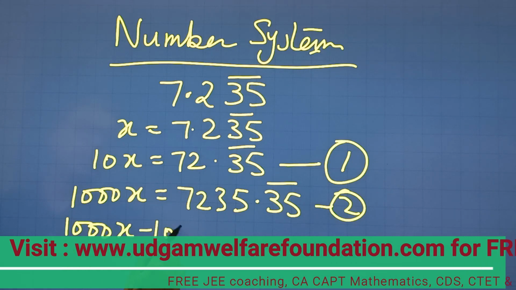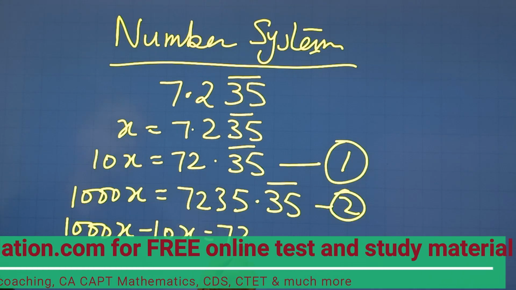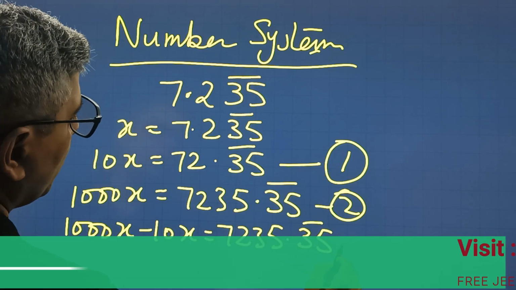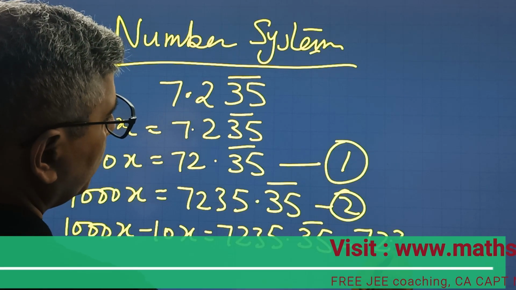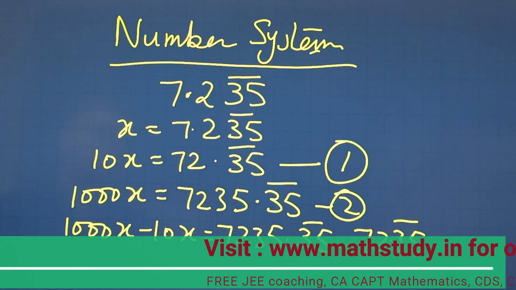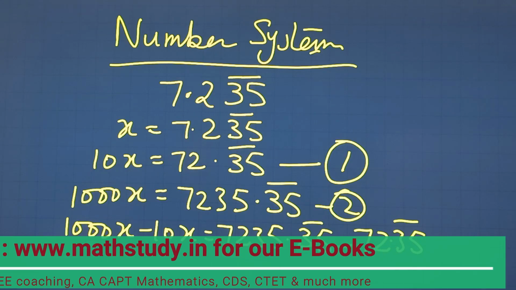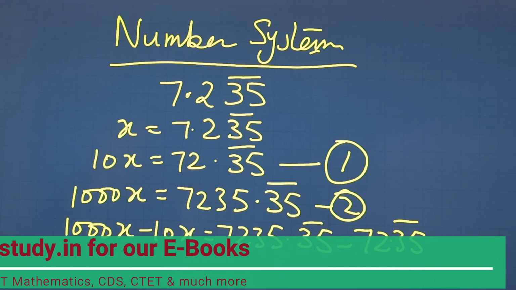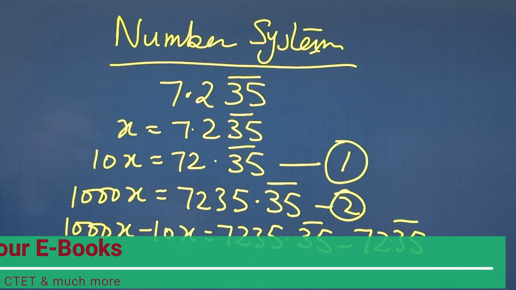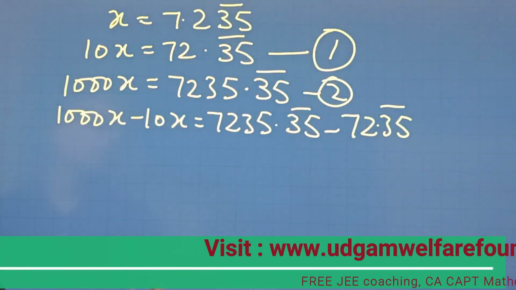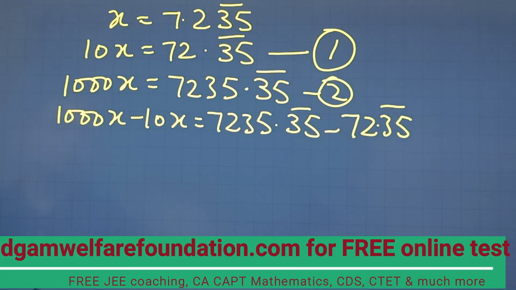Let's write it. 1000x minus 10x equals 7235.35 bar minus 72.35 bar. Very simple. Now we can easily see that if we subtract these numbers, we get rid of 0.35 bar. Let's make some space here. Now let's subtract this.